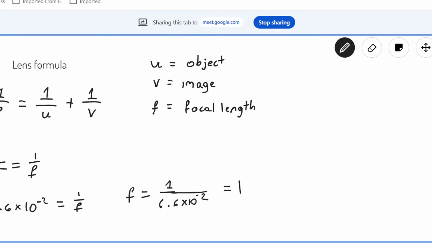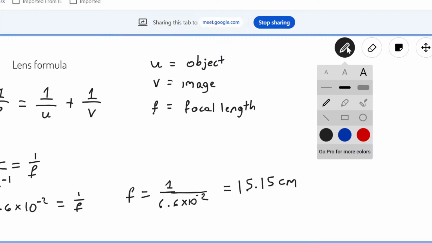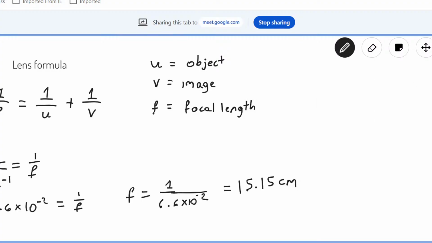So 15.15 centimeters, I think. Alright, centimeters. So the unit for C would have been cm to the minus 1, so if you're doing the inverse of that, it's centimeters. So that's the focal length.